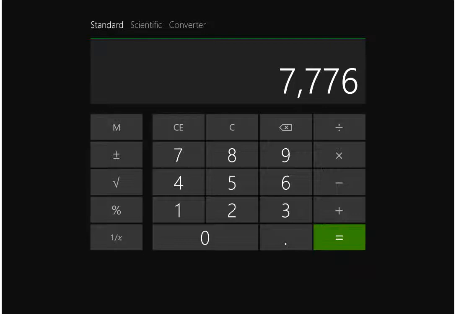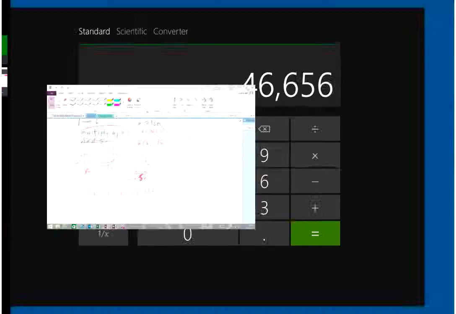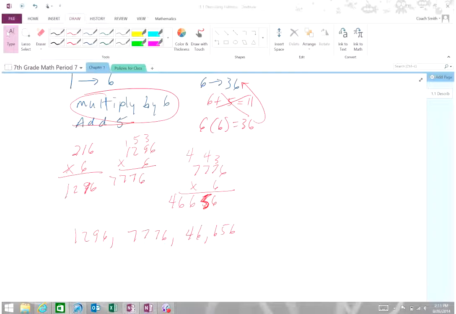That one's right. Times 6 again. Is that right? 46,656, okay. All right, so I made sure we had the right answer there. I can occasionally make a mistake. Not often, maybe once every 10 years, but, you know. All right, so that's the pattern. These are the three numbers. We multiplied by 6. There's our three numbers. Pretty simplistic there.